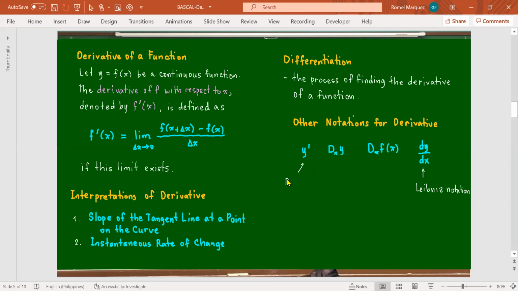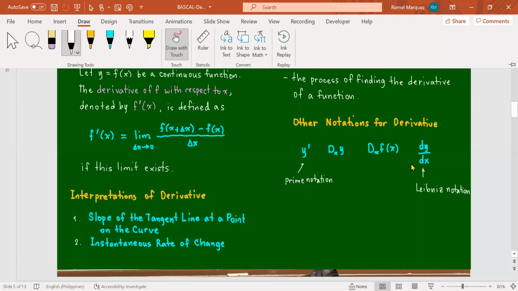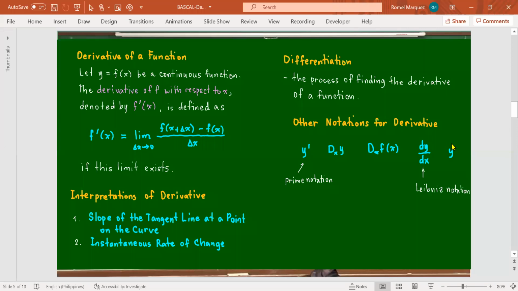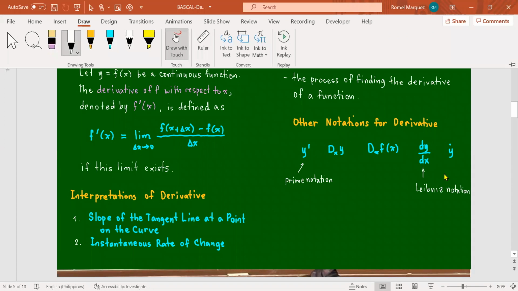Okay? Is that clear, guys? Ito capital D notation. Meron pa pala by the way, no? I forgot. Meron tinatawag na fly spec notation. Ito, may one dot sa taas. One dot. Ang tawag dyan, guys, ay fly spec.